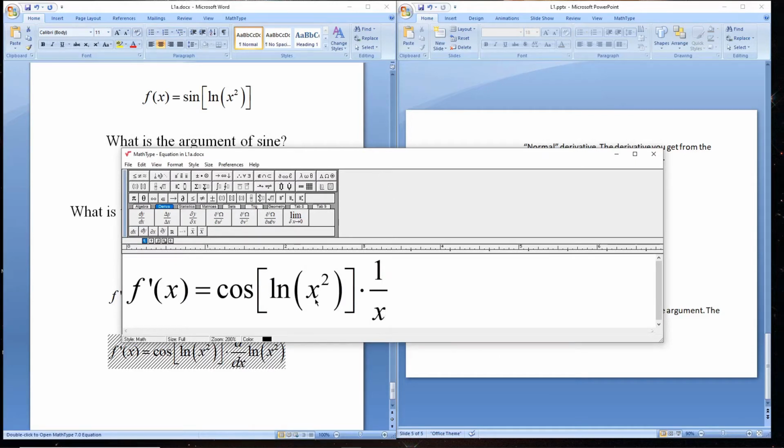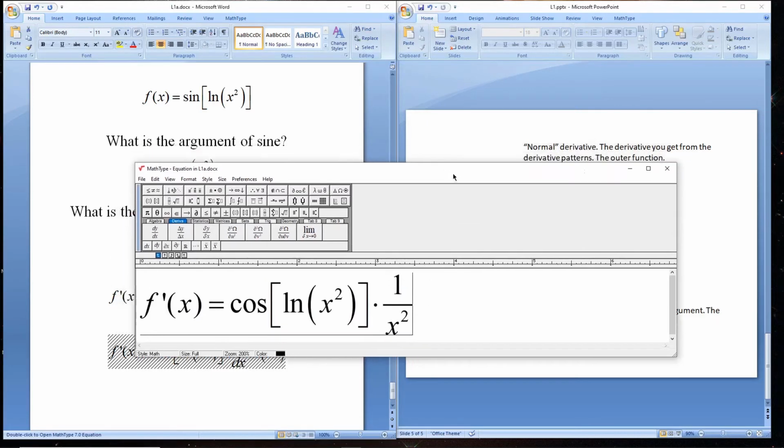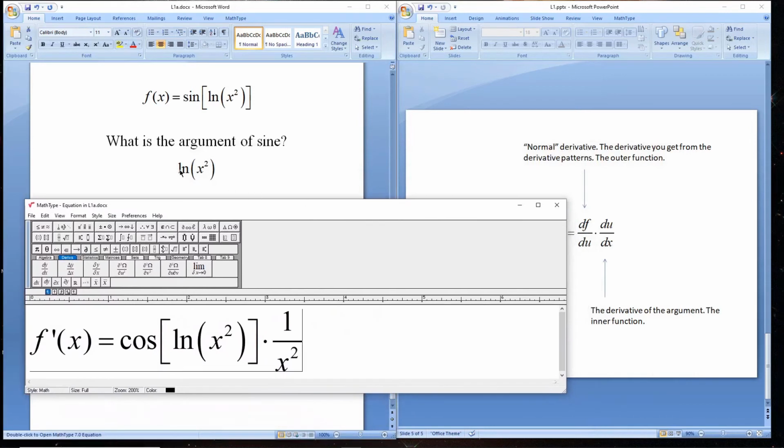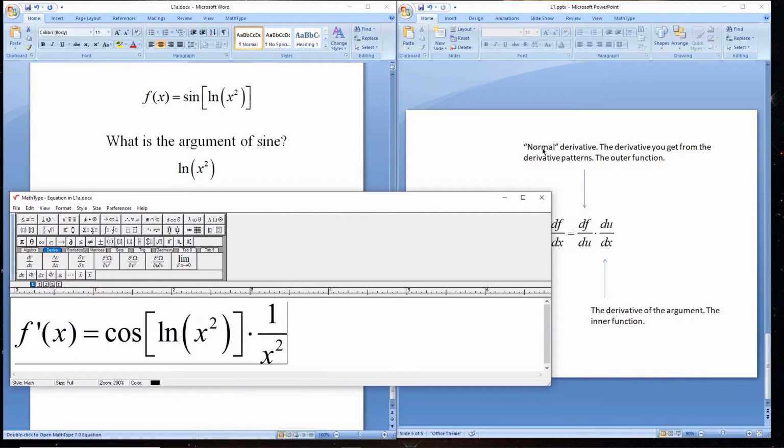However, we don't have an x here, we have x squared. 1 over x squared is straight up the derivative of the log function. And that's what we did. We did the normal derivative. And now the chain rule says, great, I'm glad you did that, but you still have to multiply by the derivative of the argument.